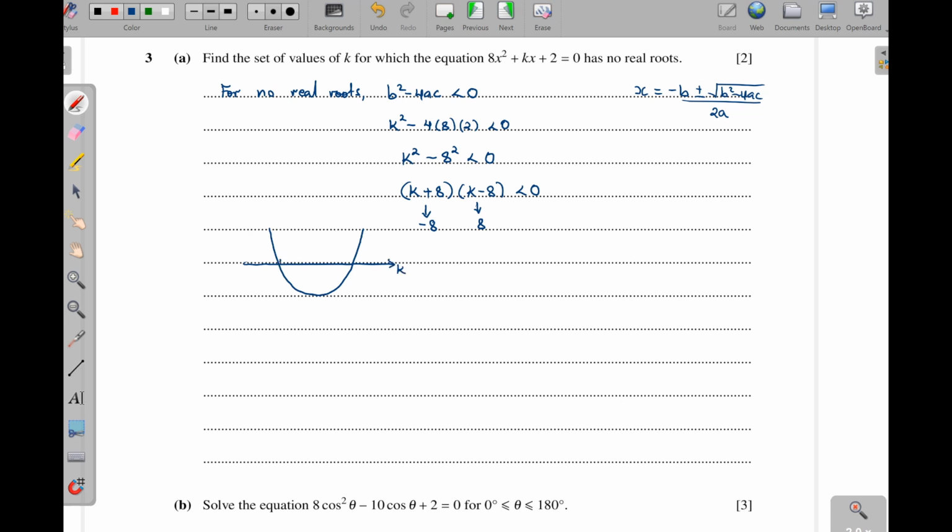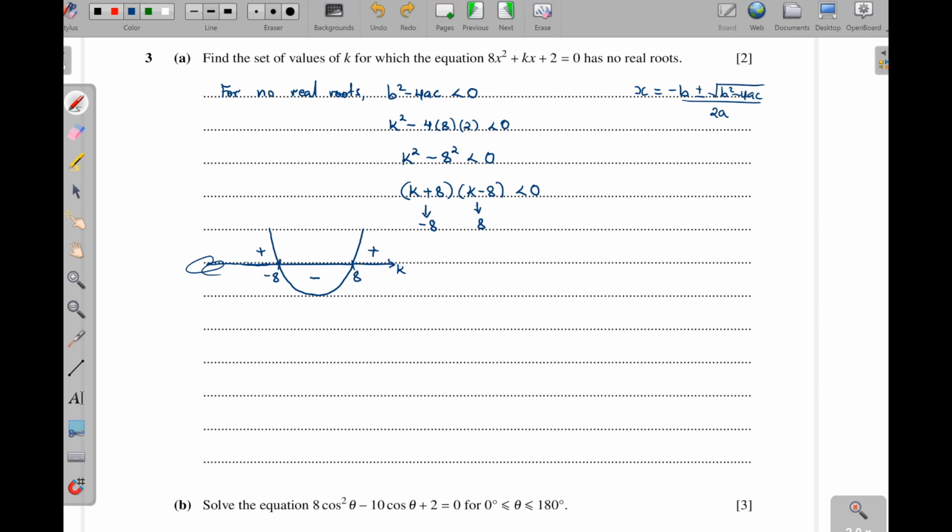Where this graph is cutting the k-axis, we have negative 8 and 8 here. These values we have gotten here. This part is negative because it is below the k-axis. Then the parts above the k-axis are positive. So this is positive, and also this one is positive. So any value of k that goes to this other side will have a corresponding y value this side, which is above the k-axis. That means it is positive. You see that?